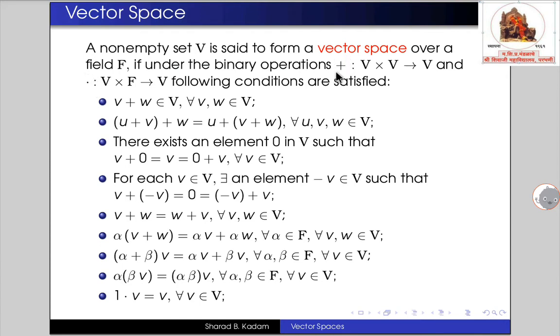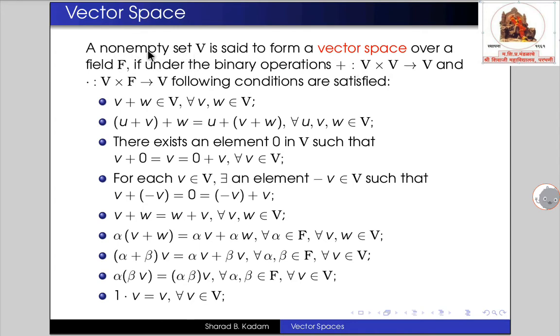This first binary operation is a function whose domain set is the set V cross V and codomain set is V, and the second binary operation is a function whose domain set is V cross F and codomain set is V. This binary operation is called vector addition, and this binary operation is called scalar multiplication.